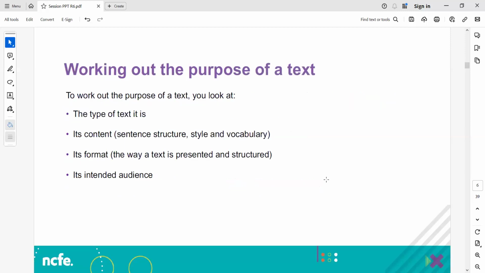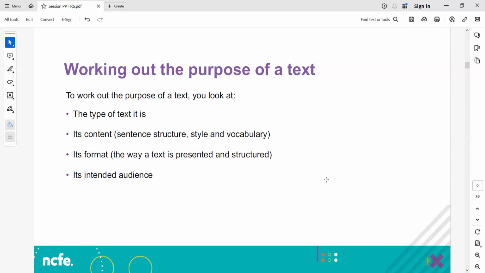So how to work out the purpose of the text? You need to look at the type of text it is. So think about, is it a leaflet, an email, an article, and so on. Its content. So look at the sentence structure, the style, and the vocabulary that has been used.